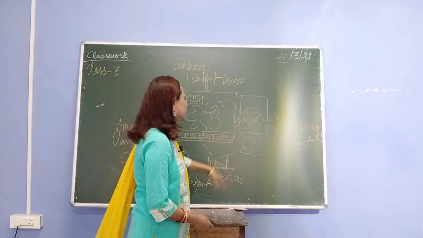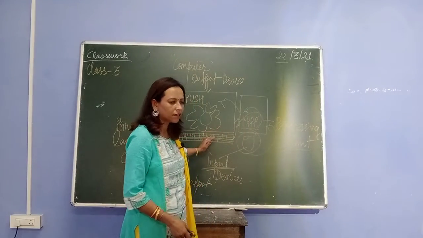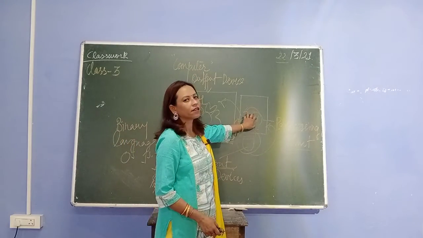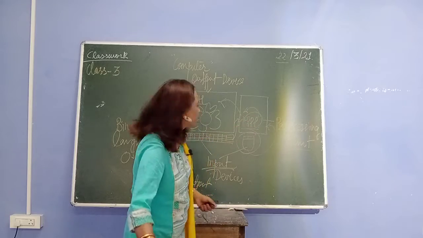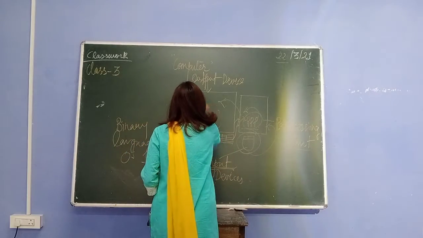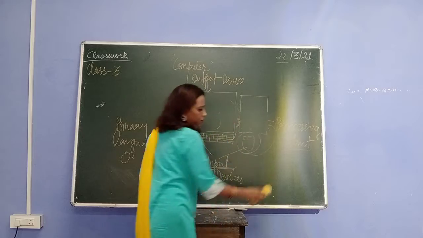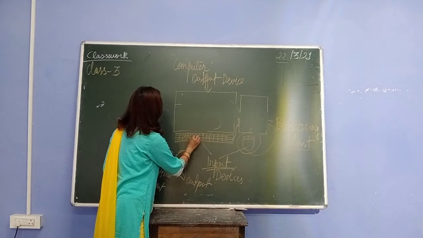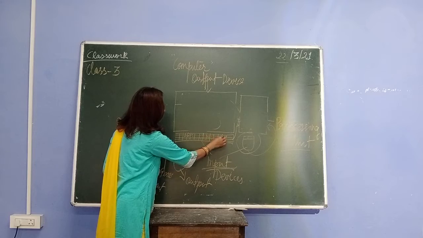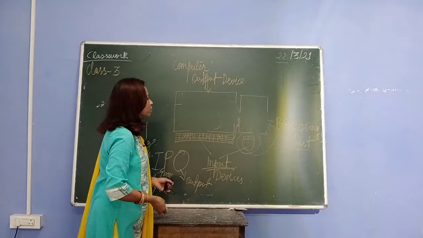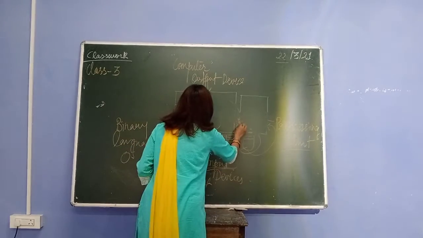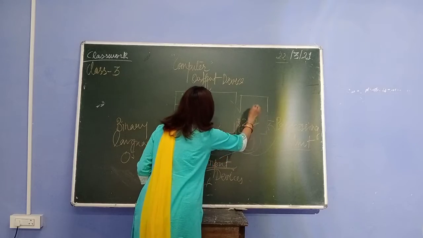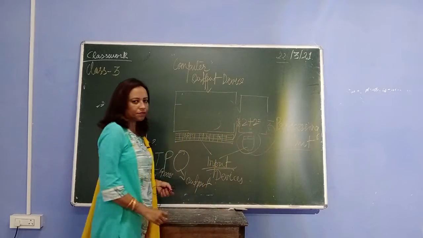As I have told you, the work that you give, the command that you give to your computer, the work is done inside the CPU box. Suppose you have given any calculation work, suppose on the keyboard you have typed 2 plus 2, 2, there is a plus sign, 2 plus 2 again. So the computer will accept it, 2 plus 2 inside the CPU.